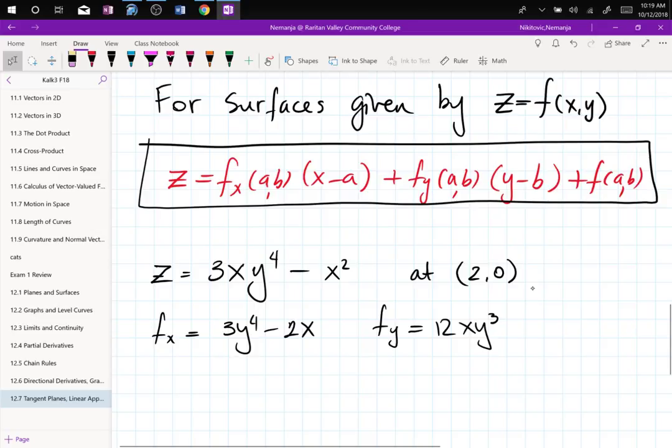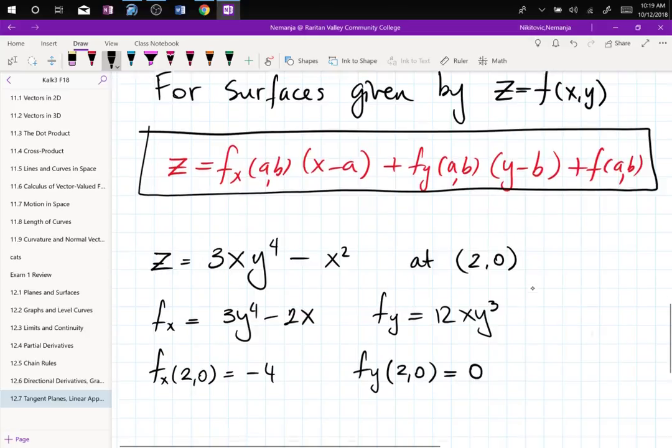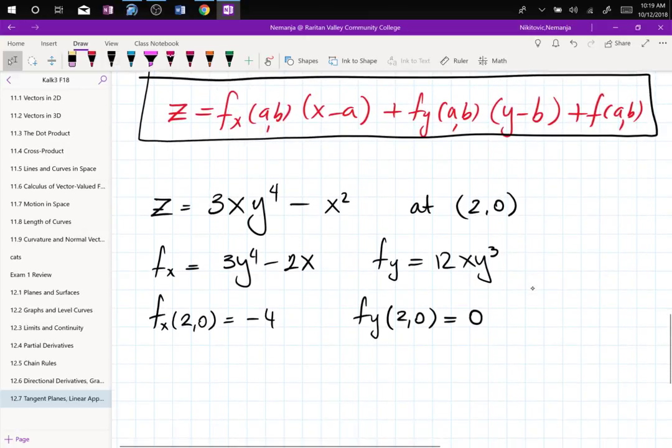So we have our partial derivatives done, and now we compute those partial derivatives at our point 2, 0. So the first one is negative 4, and fy computed at 2, 0 is 0. And all I need to do now is to plug this in.